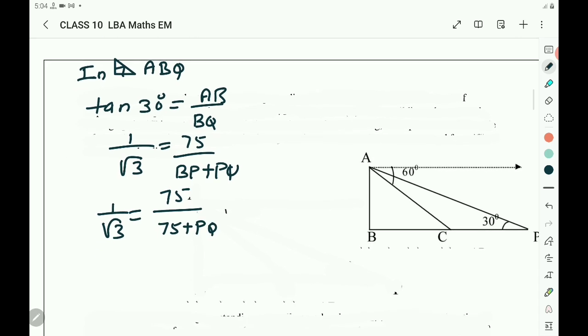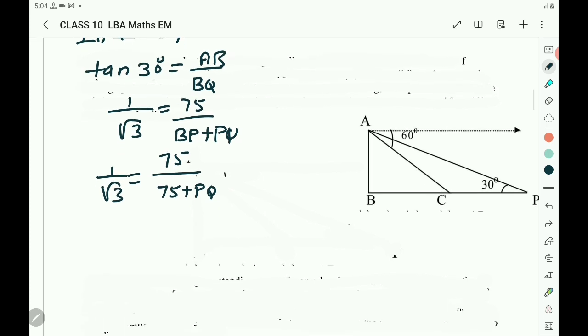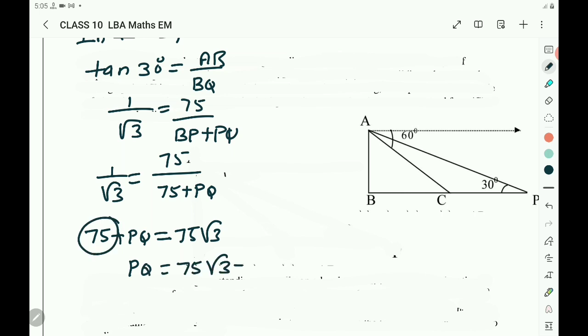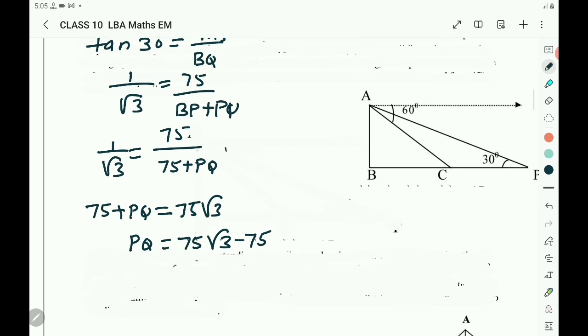Then do the cross multiplication. 1 into 75 plus PQ is 75 plus PQ equals 75 into root 3. Then PQ equals 75 root 3 minus, transfer the 75 to the RHS, that is minus 75.